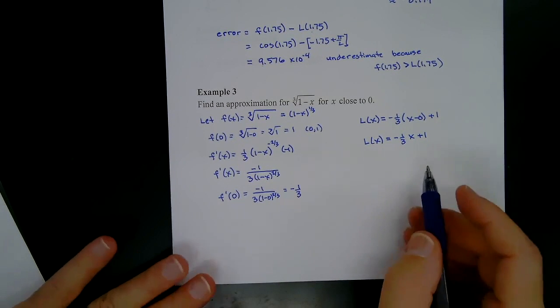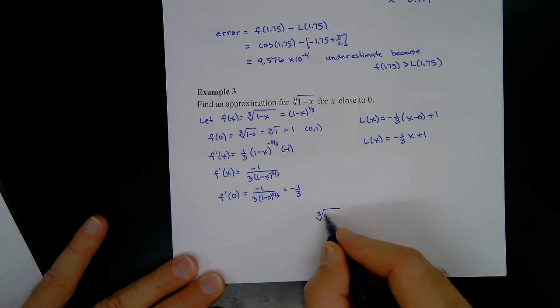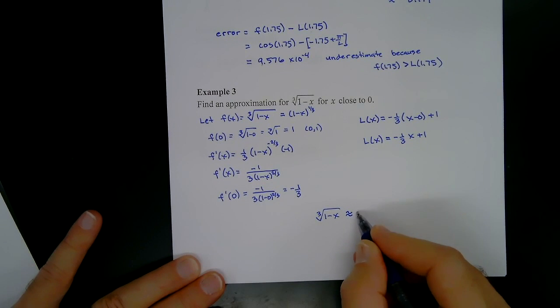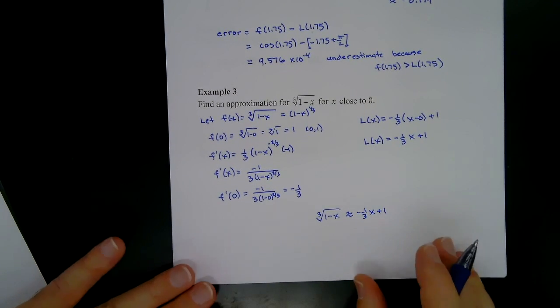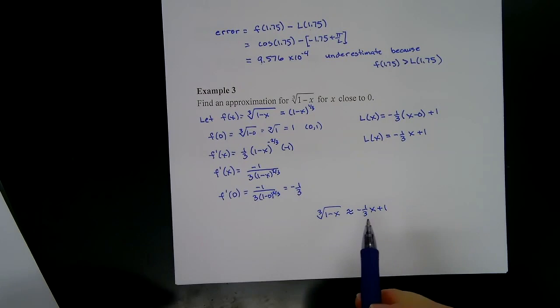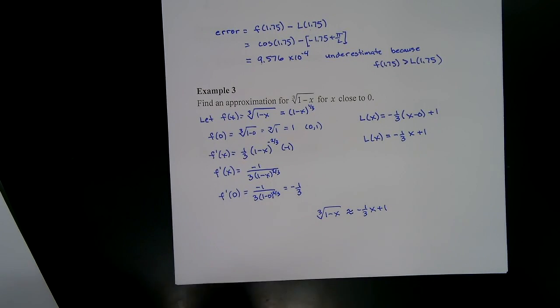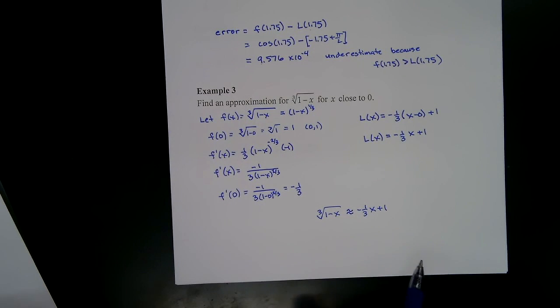What this means is that the cube root of 1 minus x can be approximated using negative 1/3 x plus 1. But your x values have to be close to 0. The closer you are to 0, the better the approximation is, and the further away you get, the worse the approximation.